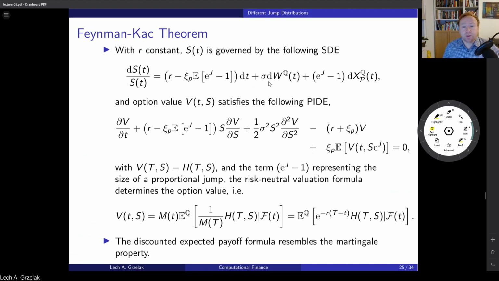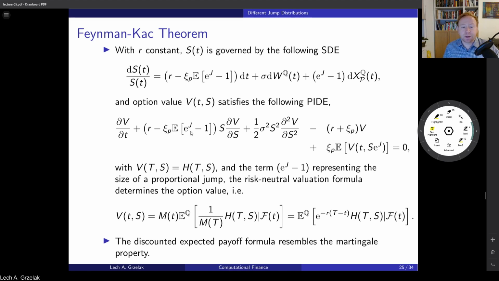We had discussed the PIDE already, but if we apply the Feynman-Kac theorem, a theorem that we already discussed before, we can also perform pricing given just Monte Carlo simulation. Also in the previous parts, I presented to you how to perform simulation of a jump diffusion process.